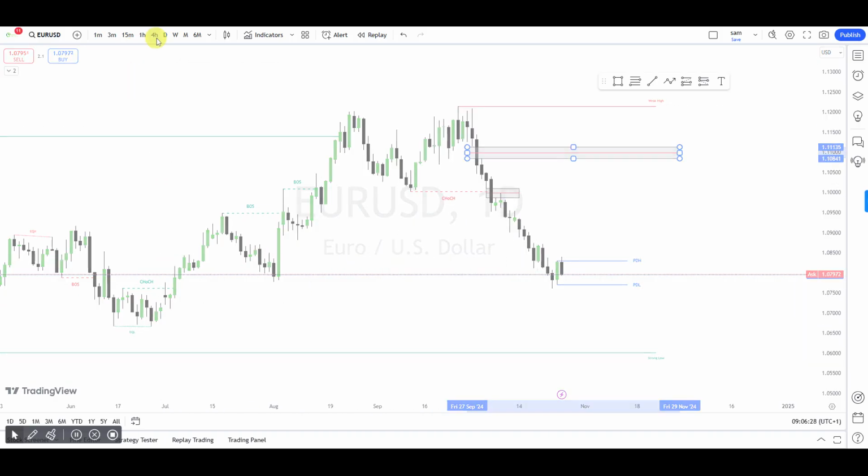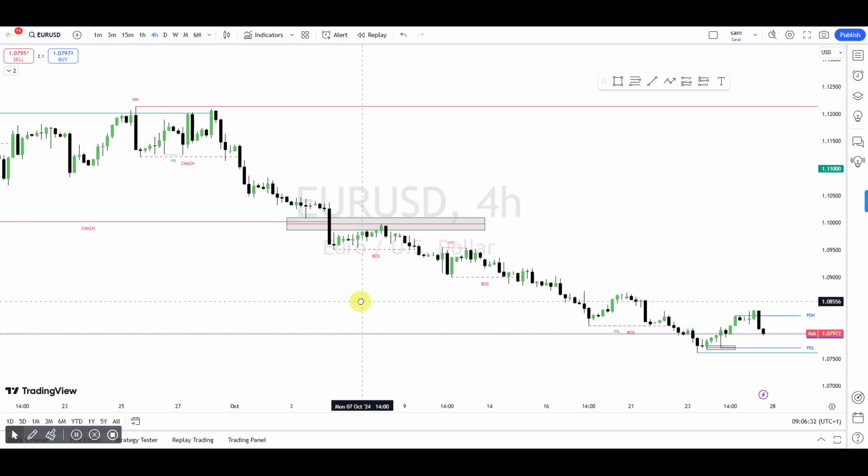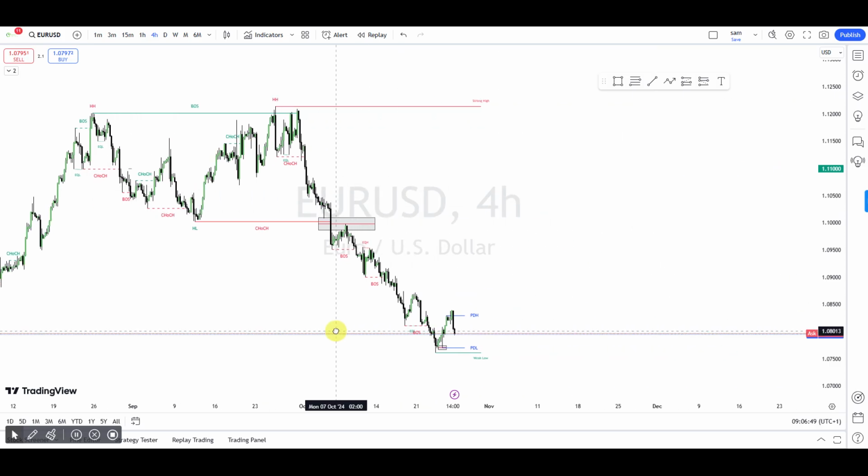Let's go the way down to 4 hours. Like I said, expected. We'll probably expect the trend to reverse from here and go back up.